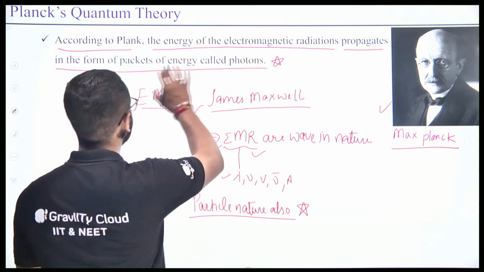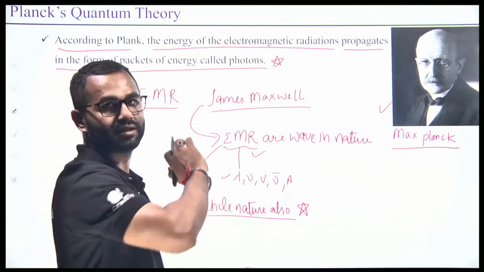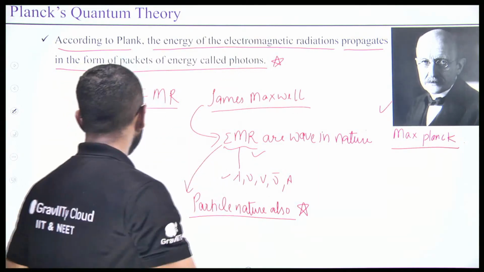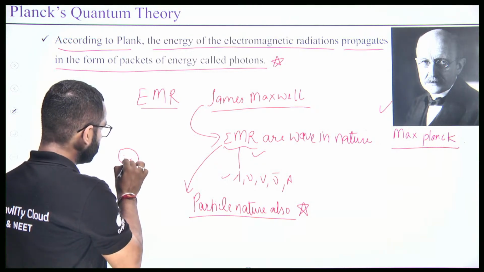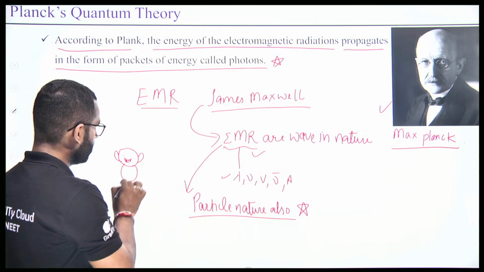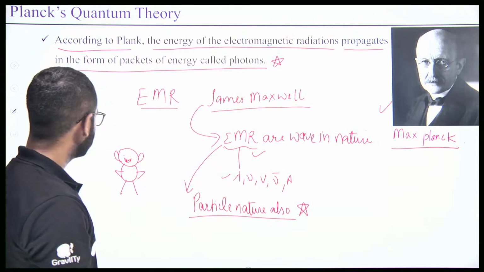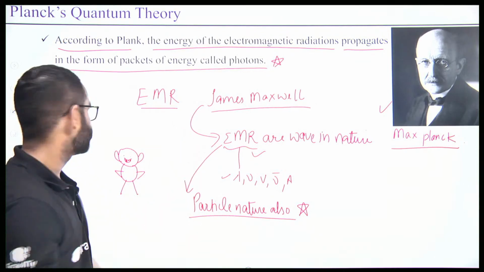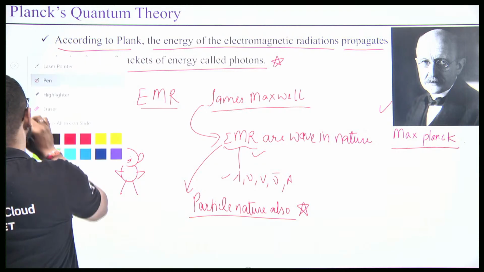So he said that the energy of the EMR propagates in the form of packets of energy. Packets of energy are called photons. See, simply, suppose this is one person, and this is the sun, right?